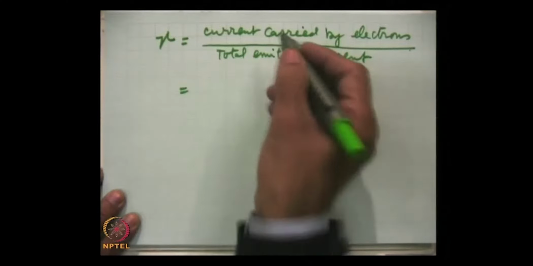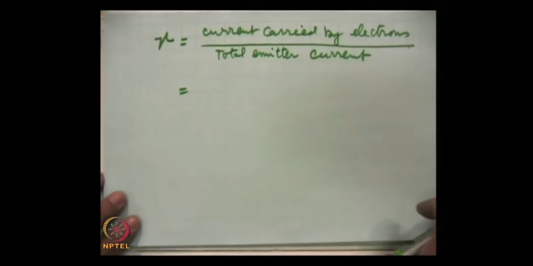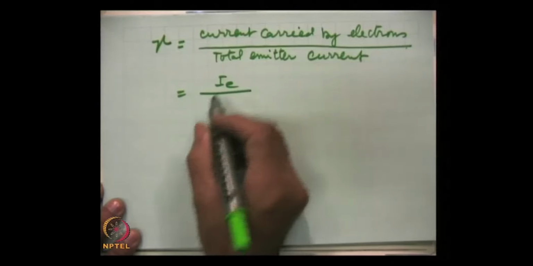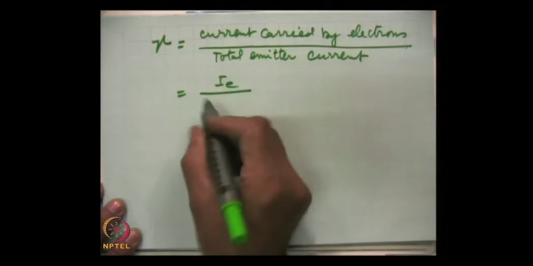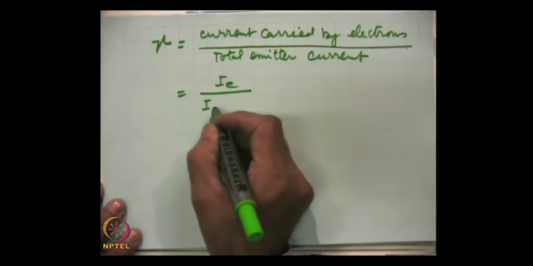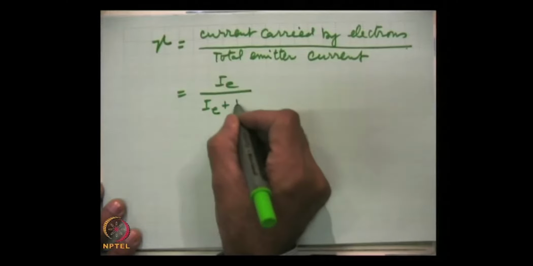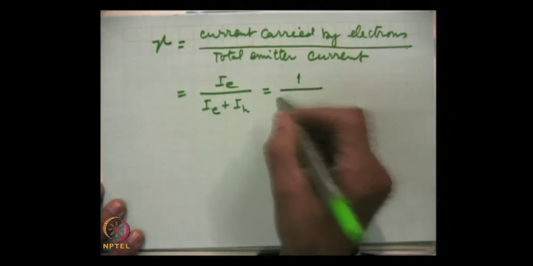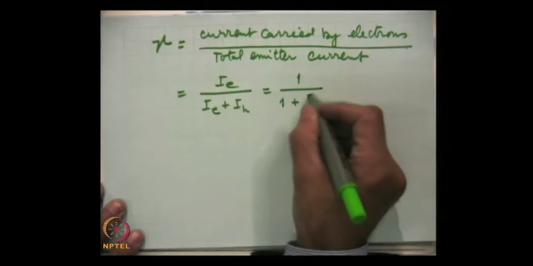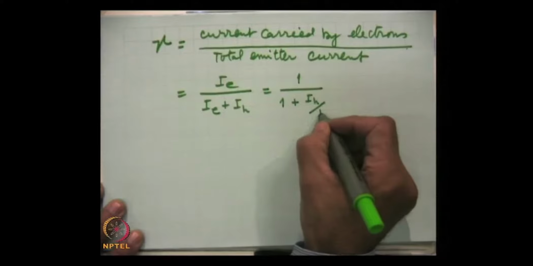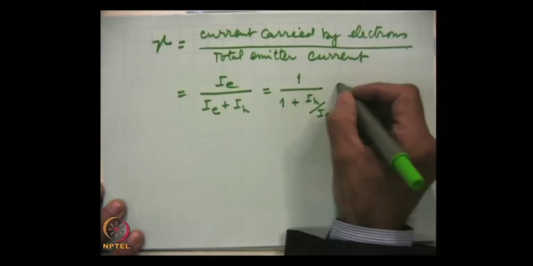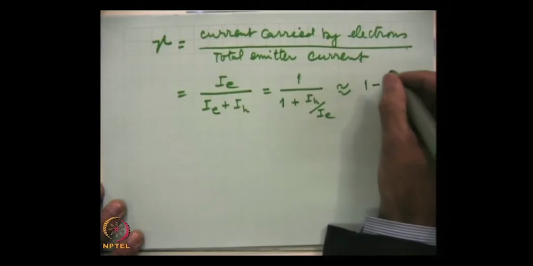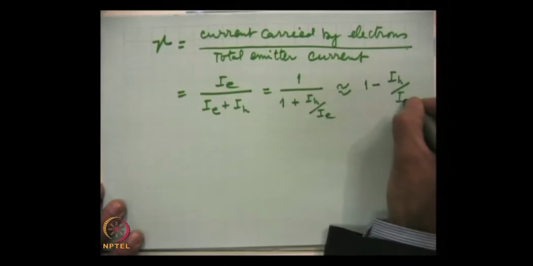And this electron component of the emitter current we write as Ie, and total current has two components, the electronic component and hole component, and this can be written as 1 over 1 plus Ih by Ie, which can be approximated if we expand it, then this will be 1 minus Ih by Ie.